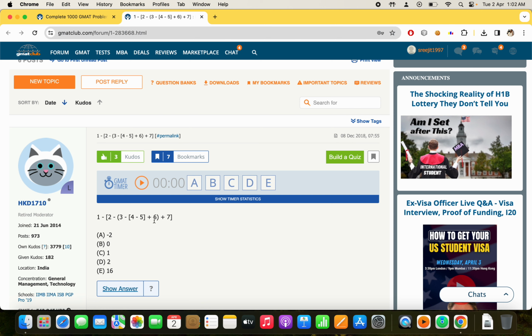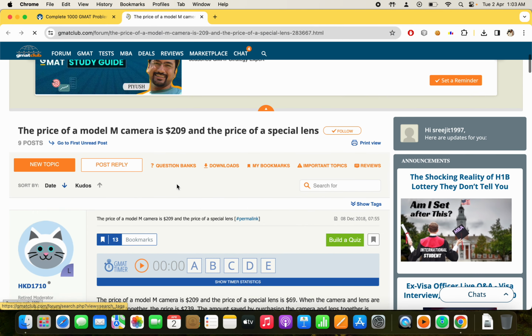So 2 minus 10 plus 7. 2 minus 10 is minus 8 plus 7 is minus 1. And 1 of minus 1 is 2. So this is the answer, I think. Quite a mental math problem.